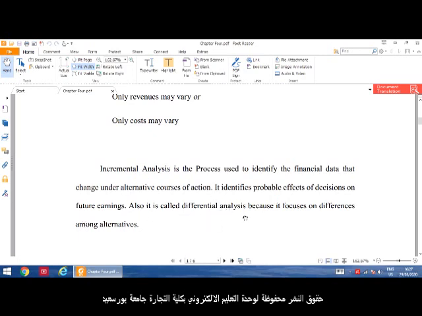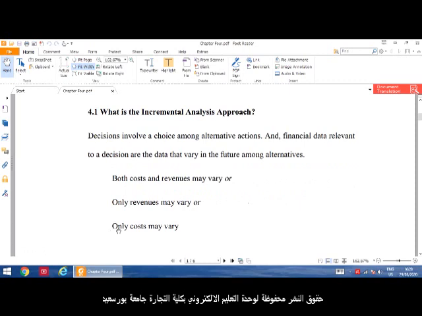It is also called differential analysis because it focuses on differences among alternatives. So here we mentioned the meaning of the incremental analysis approach, or the differential analysis approach.